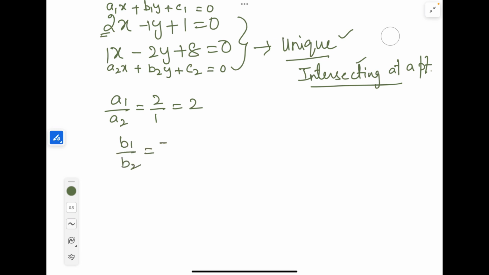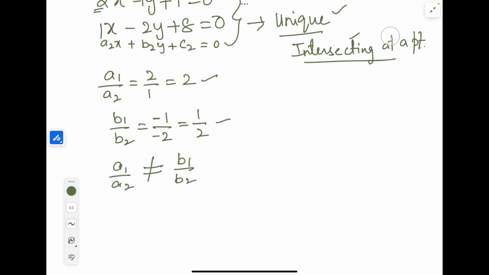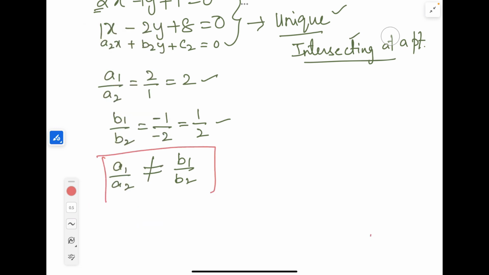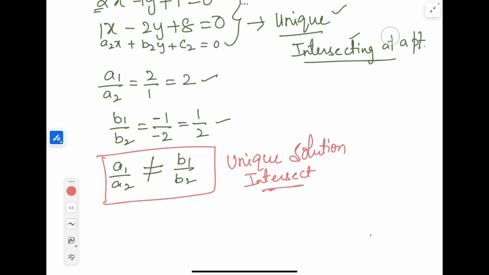This coefficient is minus 1 by minus 2, which is 1 by 2. That means if a1 by a2 is not equal to b1 by b2, here we got not equal, right? 2 is never equal to 1 by 2, right? If a1 by a2 is not equal to b1 by b2, then the pair of linear equations has a unique solution and they intersect at a point. The lines will intersect. Okay.